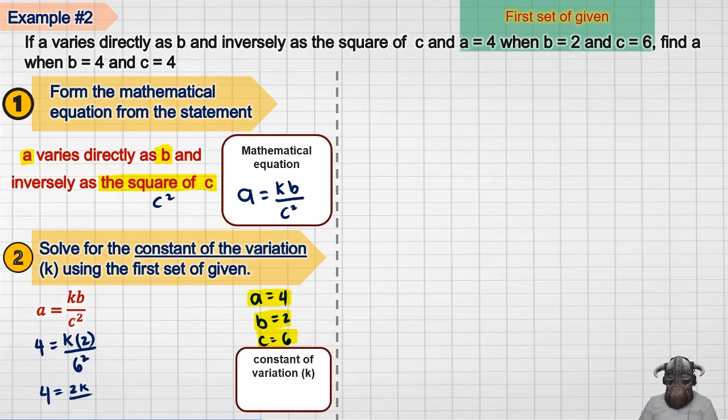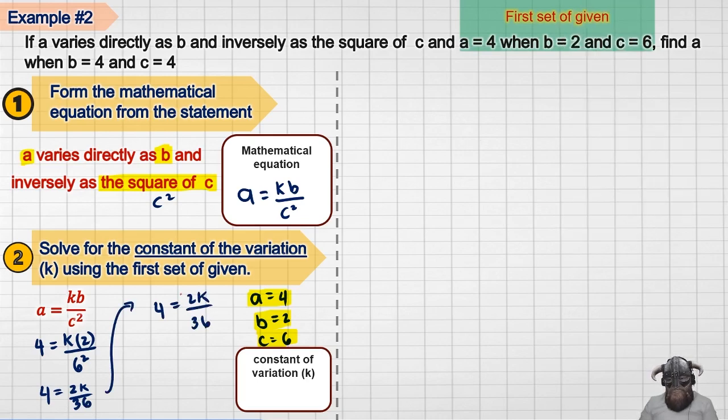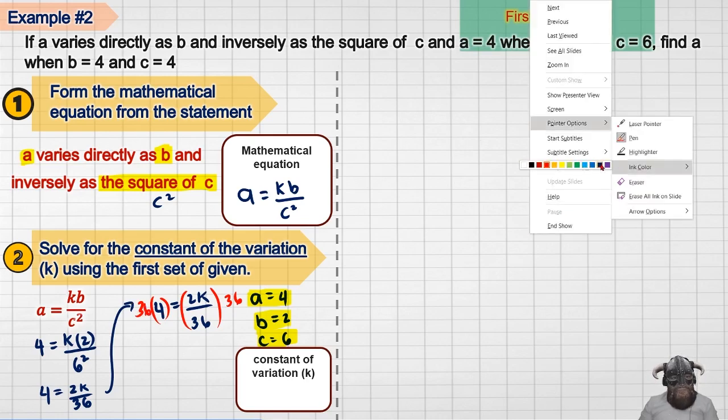So, yan, 36. So, as we continue, copy lang muna natin, 2K all over 36. Just to remove 36 on that denominator, anong ginawa natin kanina? Ganun lang din. We multiply both sides of the equation by 36. In that case, ano yung makukuha nating sagot?